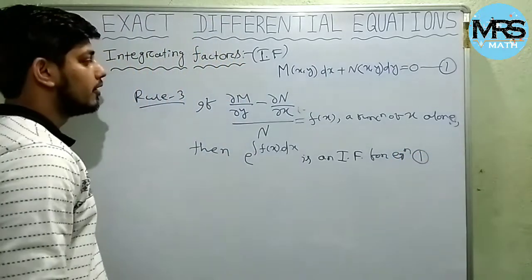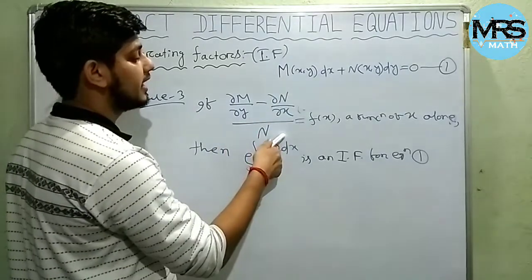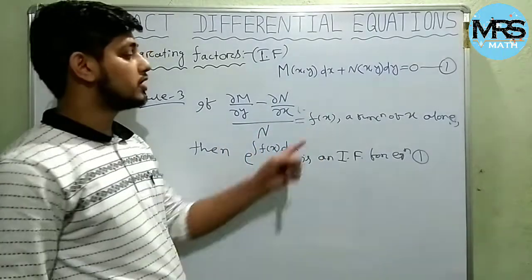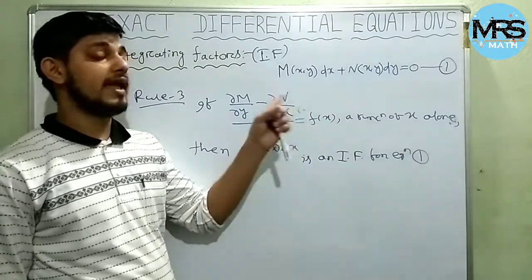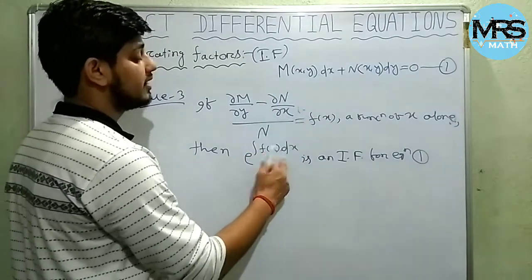So if del m by del y minus del n by del x over n equals some function which is of x alone, then the integrating factor will be e to the power integral of f of x dx.